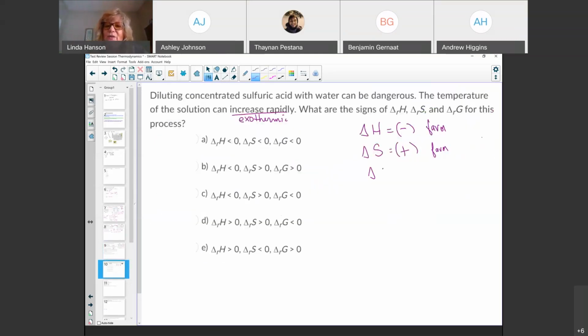And so therefore we know delta G is negative. It is a spontaneous reaction. And now it just becomes a matter of trying to find the correct multiple choice part to illustrate negative delta H, positive delta S, negative delta G. That's the only choice that puts all in the correct order.